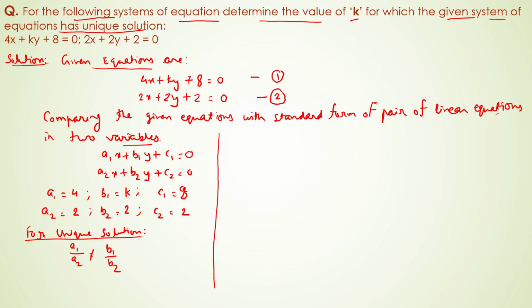So substituting the values, we get 4 by 2 should not be equal to k by 2. Solving, we get 2 is not equal to k by 2. Multiplying both the sides with 2, we get 4 is not equal to k.